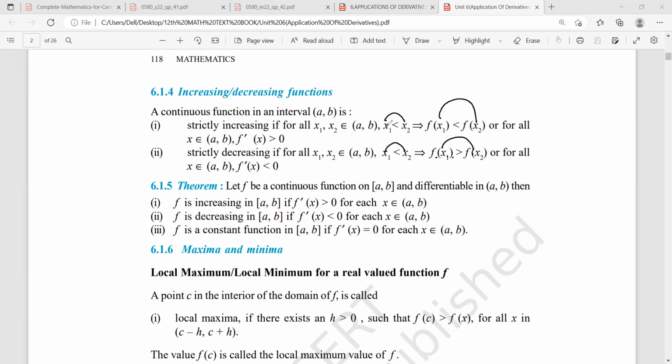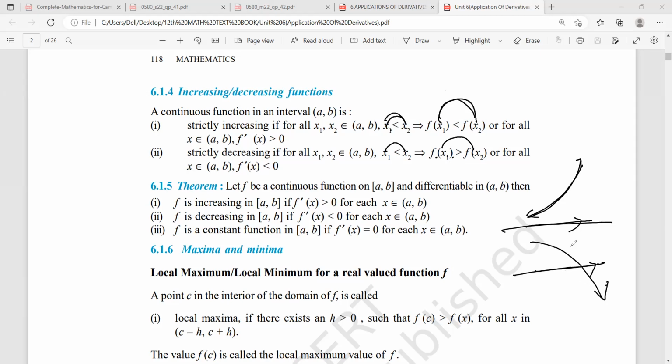As x increases, x1 less than x2 less than x3, x4, then f of x is also increasing. Like this, as x is increasing, f of x is increasing, then it's an increasing function. As x is increasing, f of x is decreasing, then it's called a decreasing function.